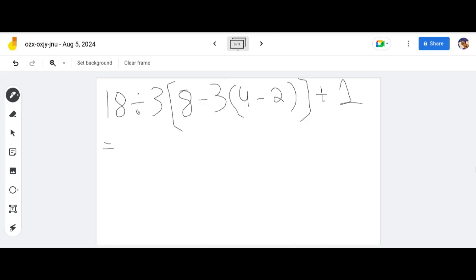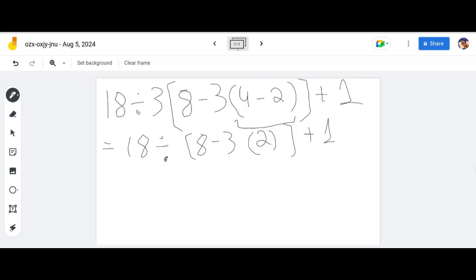First, we have to solve this one. 18 divided by 3, then 8 minus 3, the answer will be 4 minus 2, the answer will be 2. So what we have to do here? Now you should remove the bracket. If we open the bracket, what operation will we solve here with 3 and 2?